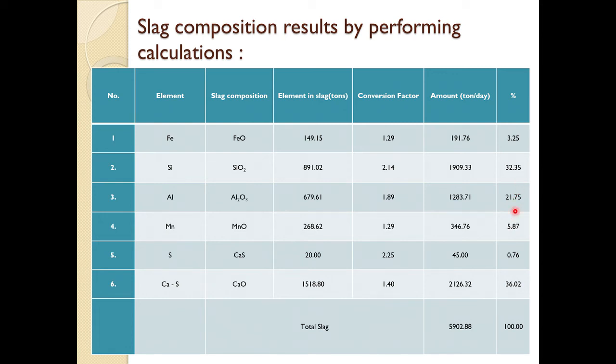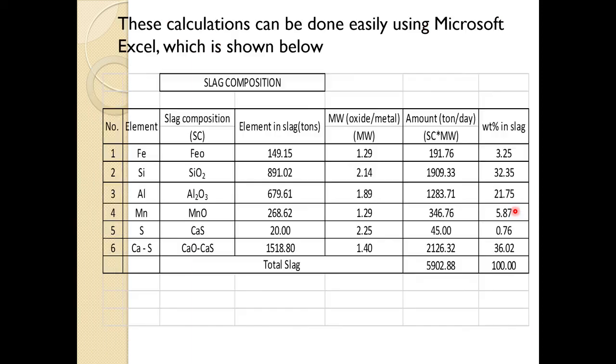And this can be done more easily if you use the Microsoft Excel program. On an Excel sheet you can easily do these things: you put in the values and conversion factors, you put in the formulas, and you can immediately get the results.